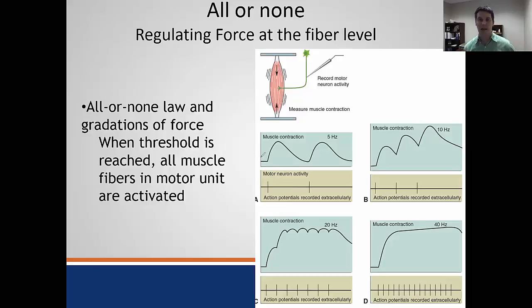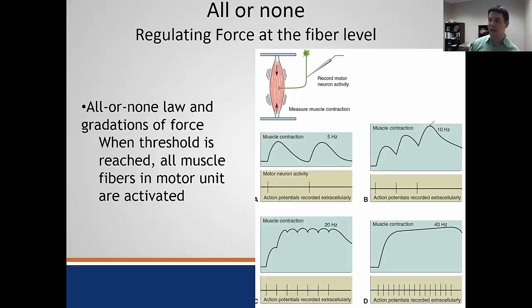However, one of the important factors that muscle can use to regulate force at the fiber or motor unit level, either way you can think about it, is to stack these muscle contractions on top of each other. One single muscle fiber contraction is what we consider a twitch. If we add multiple twitches before the fiber gets back to baseline, so we're contracting and then we start to relax, and then another action potential comes in down that motor unit and stimulates the skeletal muscle fiber, then we actually get a larger muscle contraction force.